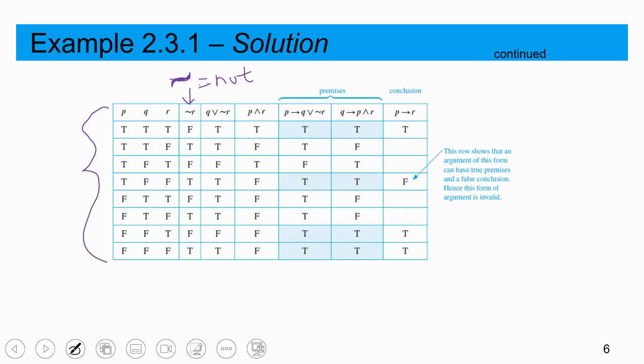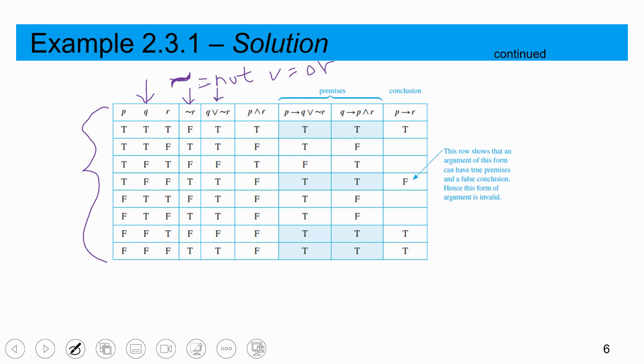All right, in the next column, we combine Q and not R. We say Q or not R. So we're looking at the Q column and the not R column. Remember that V stands for the word or, so we only need either Q or not R to be true in order to list a truth value of true in this column.